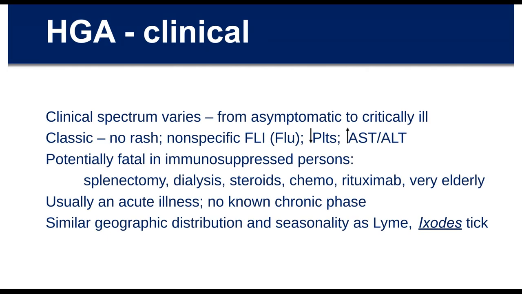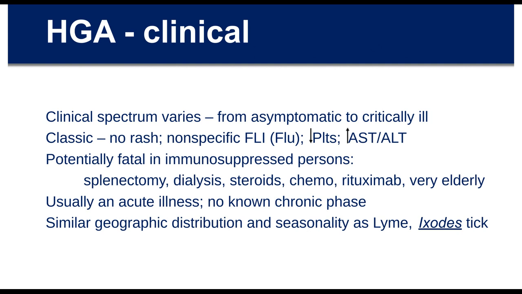Clinical spectrum: no rash, no arthritis, acute flu-like illness. You will be tempted to say that this patient has a summer flu. No. In July, in coastal Rhode Island, on Cape Cod, on Nantucket, with or without other clues that you see on a CBC, not all patients have a low platelet count, but it's an important clue to us.